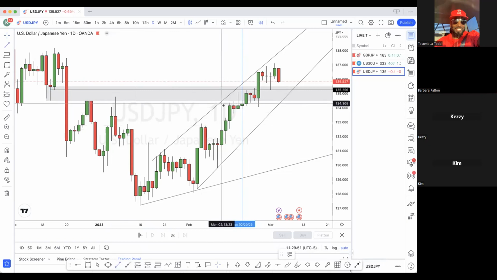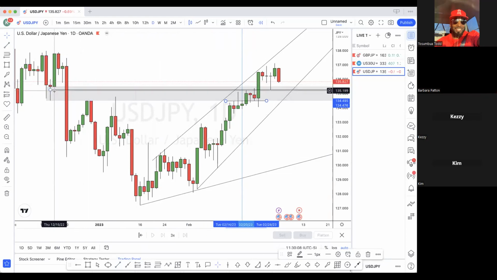Let me just see if I can. So once price broke here, once price broke, you would expect price to tap into what I consider price action.